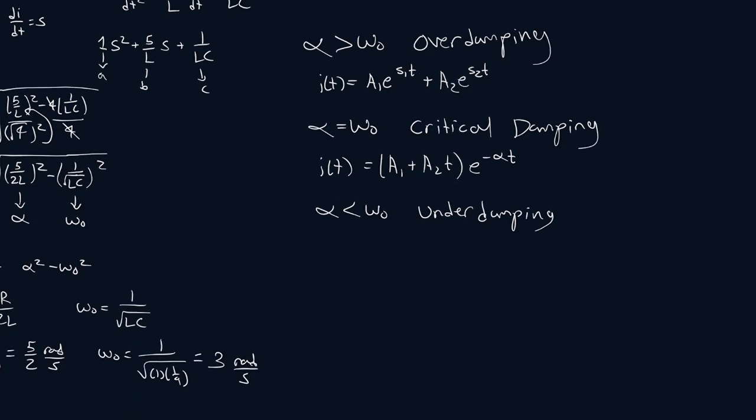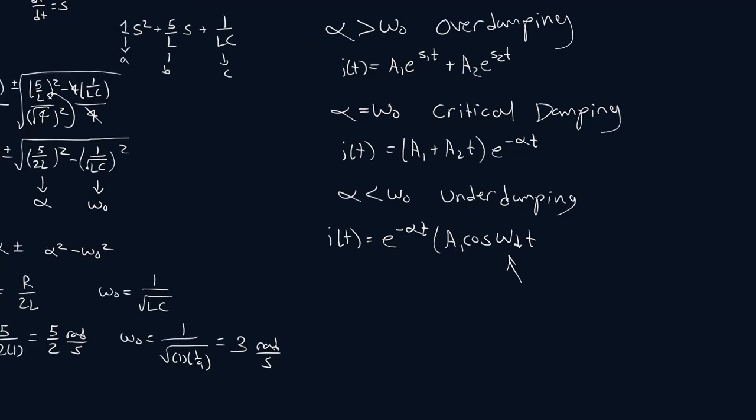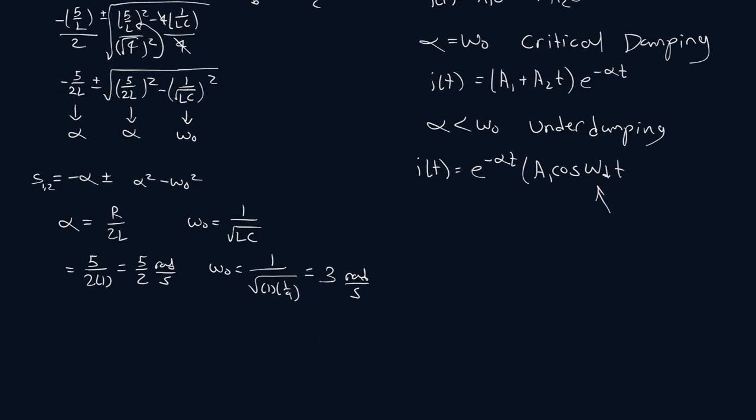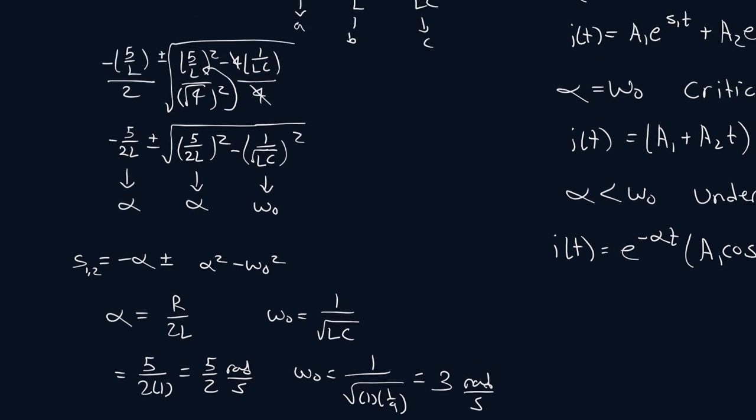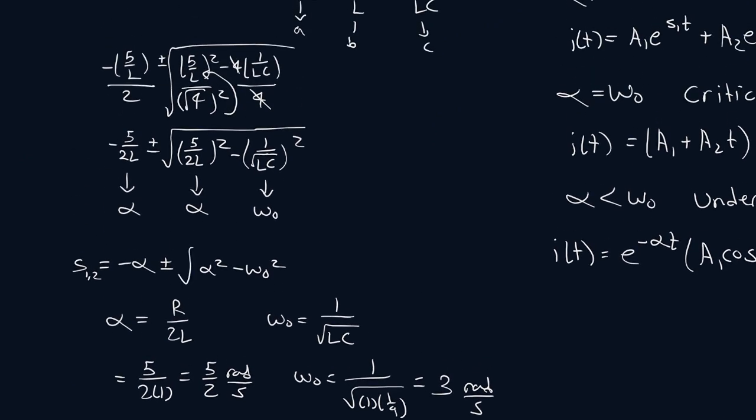And this means your current is going to be equal to e to the power of minus alpha t times A1 cos(wd t), where wd is your damping frequency. Pretty much if your omega value is greater than your alpha value, you're going to get an imaginary number.